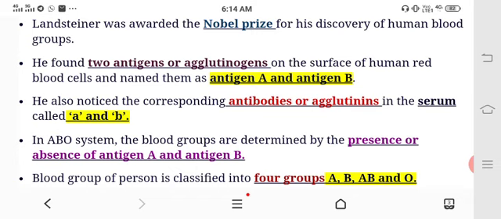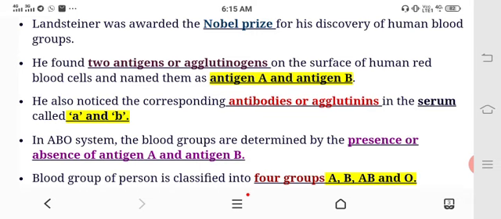The blood group of a person is classified on the presence of this antigen A and antigen B. These blood groups in human beings are classified into four groups, that is A, B, AB and O. Blood group A, blood group B, blood group AB and blood group O.